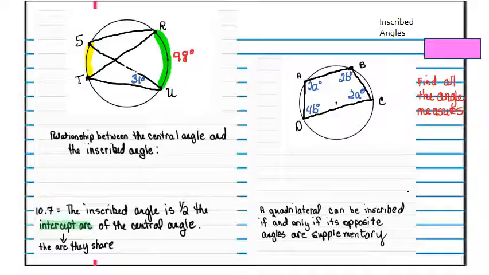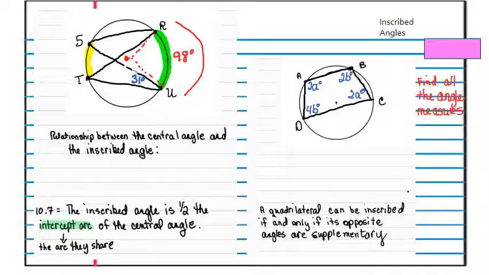Here's the deal. Remembering that when we have inscribed angles, that's the ones made out of chords that have a common vertex, their measurement is always half of the arc that they intercept from the central angle, the one off the center.